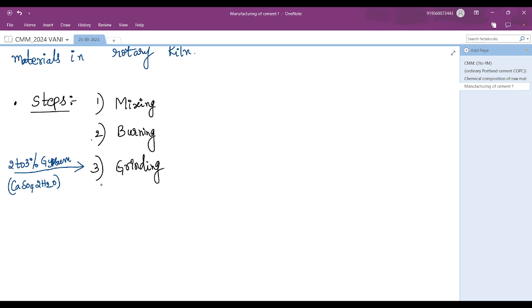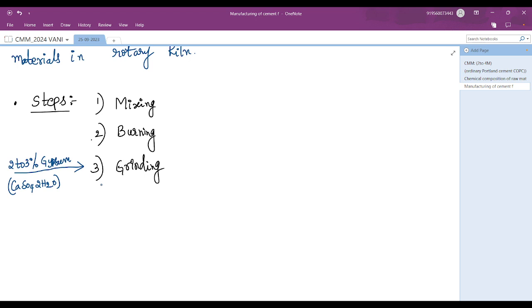Why do we add gypsum? Because cement contains alumina, which induces flash setting. If flash setting happens in cement, then the proper strength cannot be produced and the desired properties cannot be achieved. Therefore, to retard the initial setting time or false setting, we add 2 to 3% of gypsum during grinding.